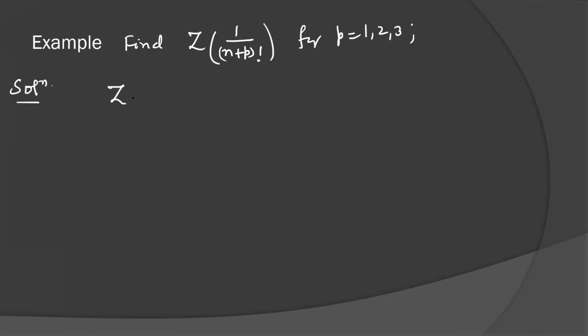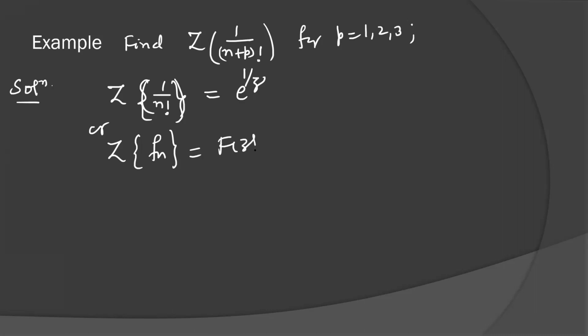We know that the z-transformation of 1 over n factorial, you can see in my part 1 lecture, is e to the power 1 over z. Or if you want, you can suppose this is your f_n sequence, and it is equal to F(z) only. So what is your f_n here? f_n is 1 over factorial n, and what is your F(z) here? F(z) is e to the power 1 over z.